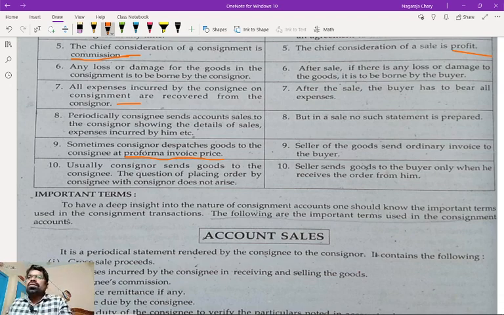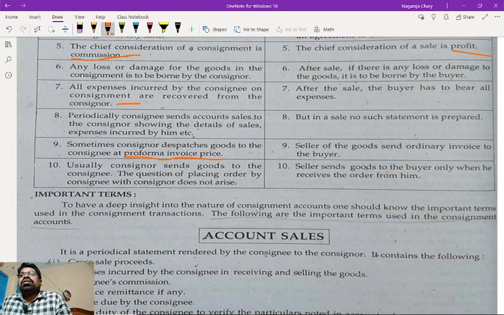Here, whatever goods are to be sent to the consignee, there is no place for an order, because the consignee does not place any order with the consignor. There is no order for goods. But in a sale, the seller sends goods to the buyer only when he receives the order from him. Whenever the buyer is interested in purchasing the goods, only then will the seller send the goods to the buyer.